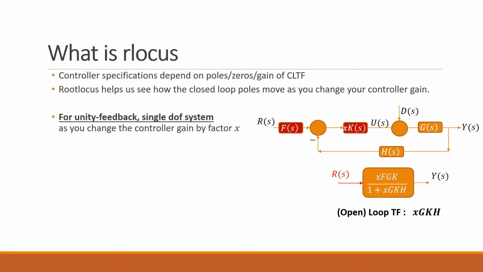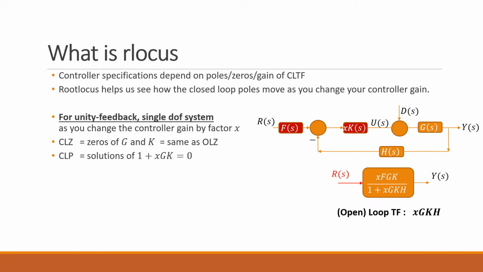For a simple system with no sensor dynamics and no pre-filter, i.e. a unity feedback system, single degree of freedom, as you change the controller gain by factor x, the closed loop zeros are same as the open loop zeros. They are the zeros of GK. The closed loop poles are the solutions of 1 plus xGK equal to 0.